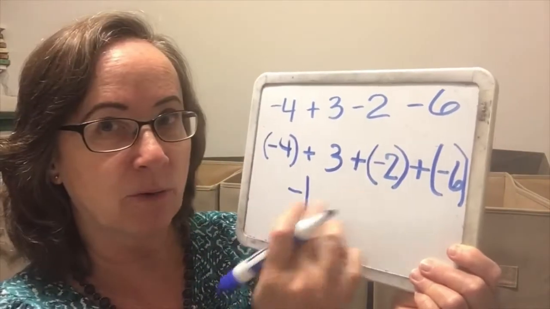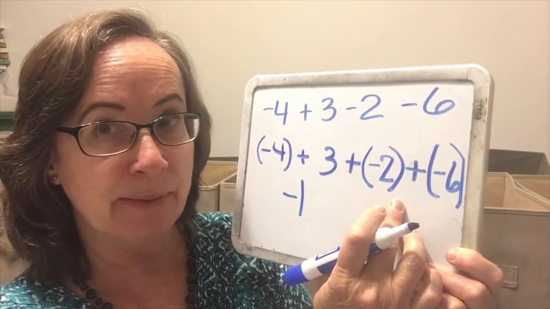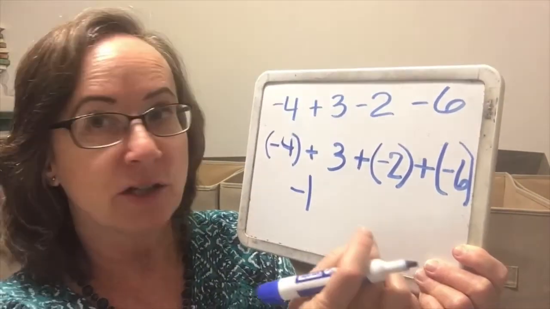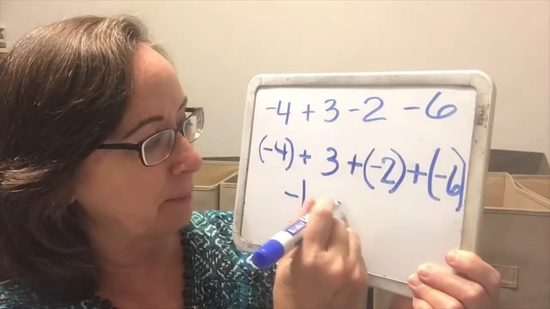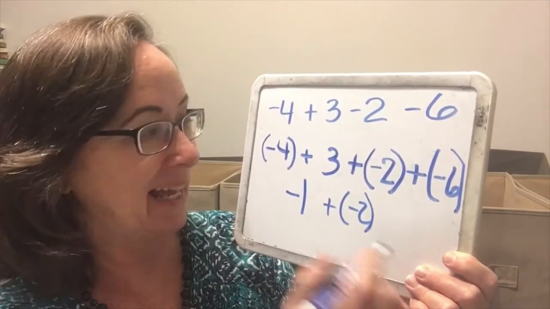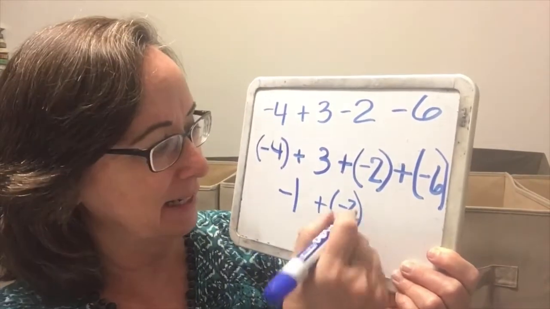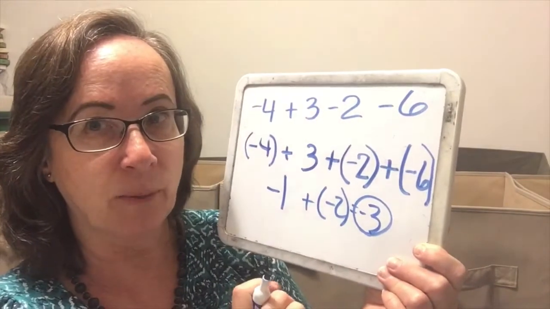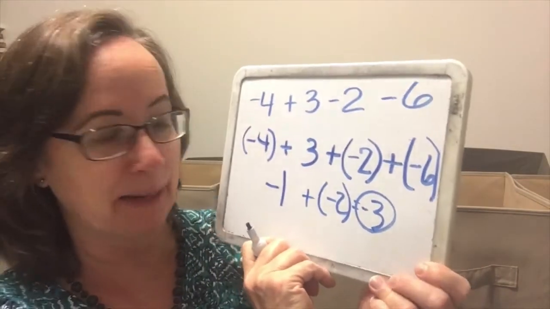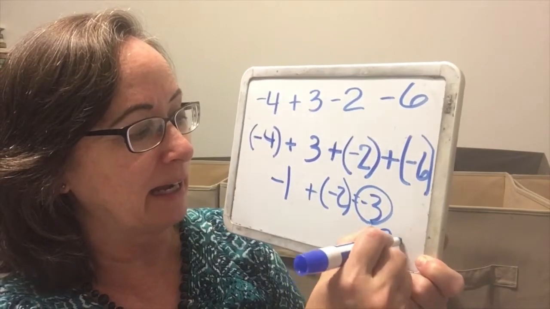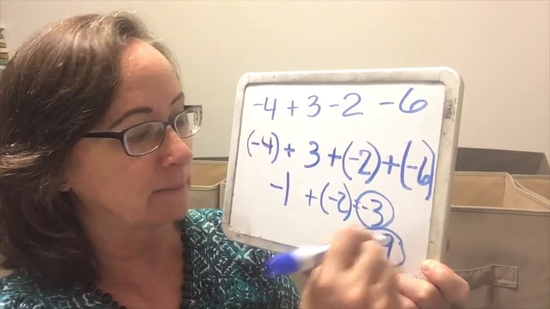Okay, so a negative 1 and a negative 2, those are the same sign. Same sign, add, take the common sign. So we'll say plus a negative 2, and that's going to wind up being a negative 3, okay? And then we take the negative 3 and go with the negative 6, and they're the same sign. So we're going to wind up with a negative 9 for the answer.